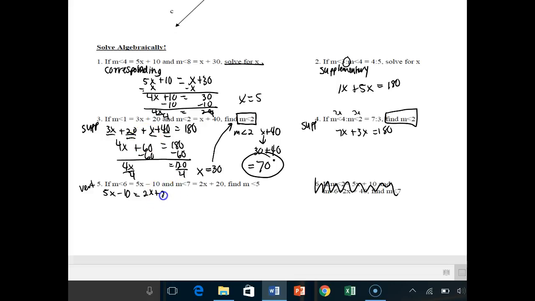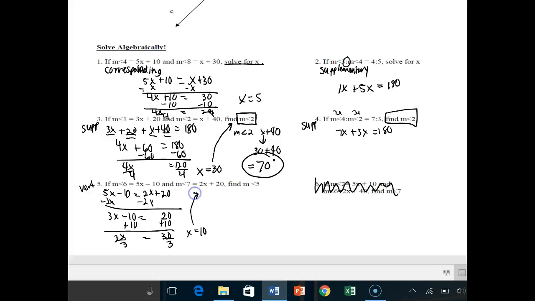But they want you to solve for angle 5, which is not even one of the angles they give you. But you can do this. So first subtract 2x. We get 3x minus 10 equals 20. Add 10. We get 3x is equal to 30. Divide by 3, and you get x is equal to 10.